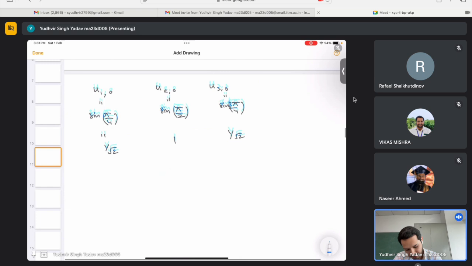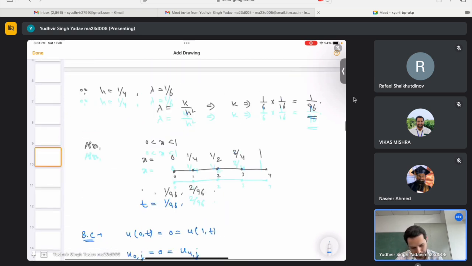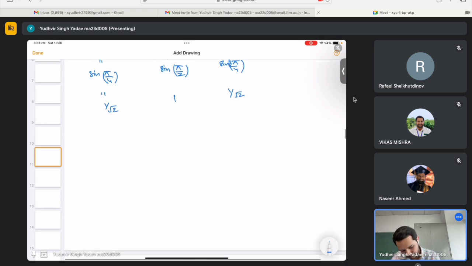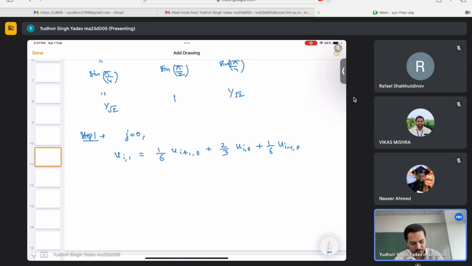Now we'll solve the scheme. So this was our scheme. For the first time iteration, we will put j equals to 0. So step 1 is at j equals to 0. So we will have u i comma 1 equals 1 by 6, since lambda is 1 by 6, u i plus 1 comma 0 plus 2 by 3 u i comma 0 plus 1 by 6 u i minus 1 comma 0.